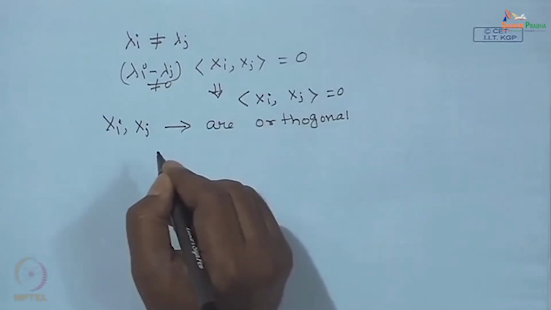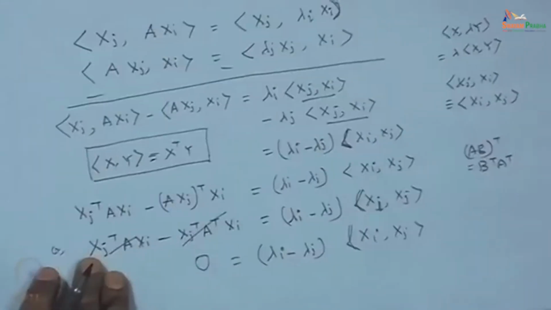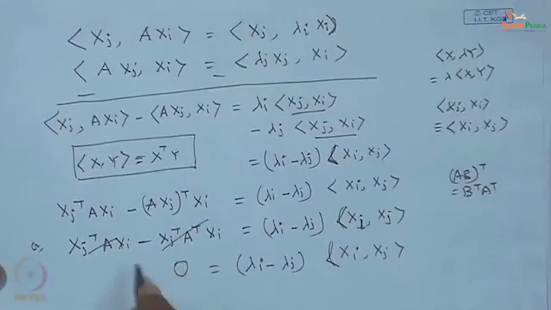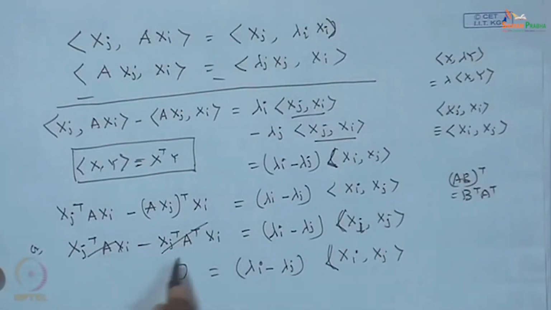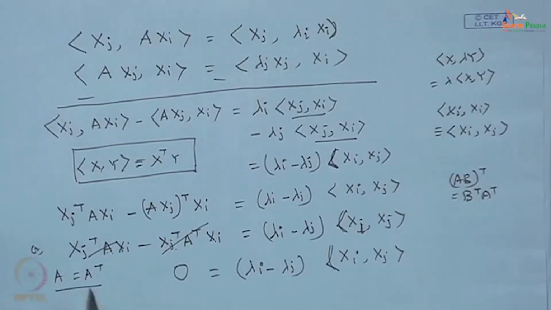Okay. Just one more clarification: in this equation, whenever we are omitting the left hand side, we are putting the left hand side equal to 0. If you look into this equation, x j transpose A x i minus x j transpose A transpose x i, since it is a symmetric matrix, A is equal to A transpose.